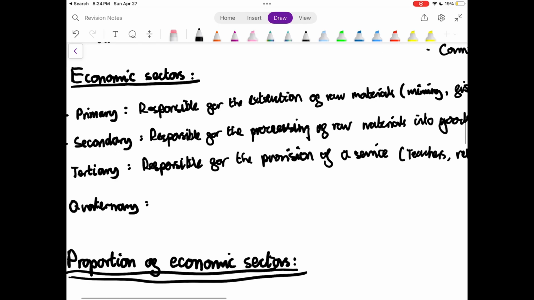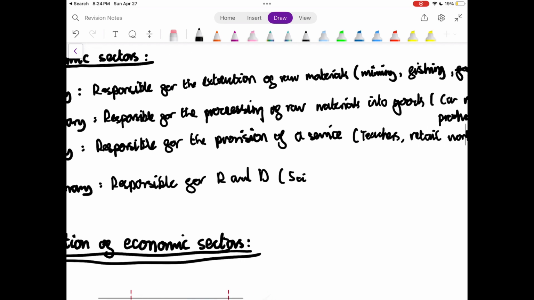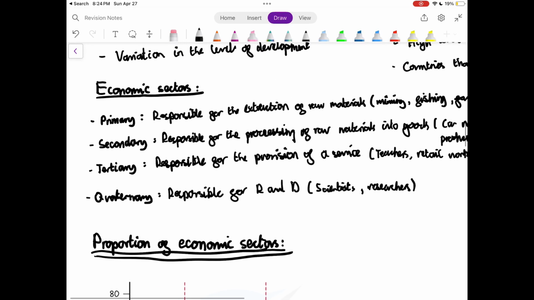And finally, the quaternary sector is responsible for R&D. Such jobs include scientists and researchers. Okay, so those are the 4 economic sectors you need to know.